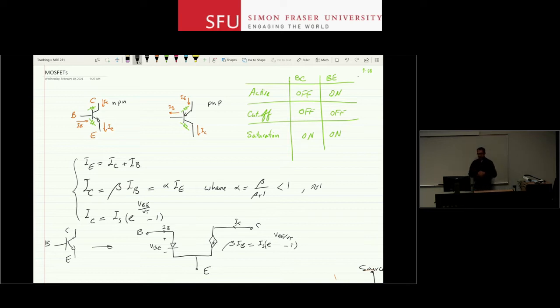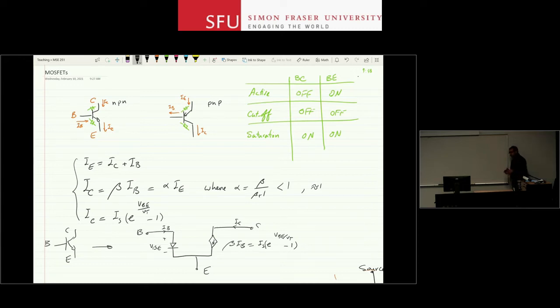Or in terms of saturation, you see that the collector voltage for an NPN device is less than the emitter voltage, or vice versa. For a PNP device, you see that the emitter voltage is less than the collector voltage. And those things are basically alarms, flags that will tell you that something has gone wrong. And you go back and maybe check the calculations or assume a different operating region based on what you have seen. So that was the BJT circuit analysis.